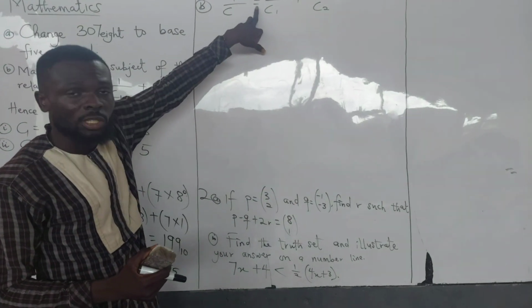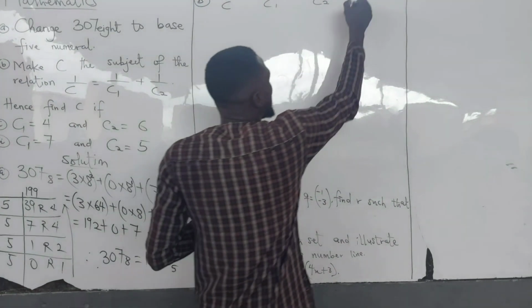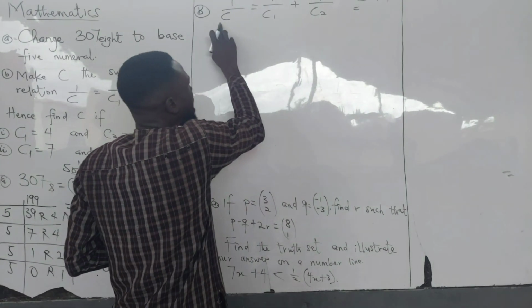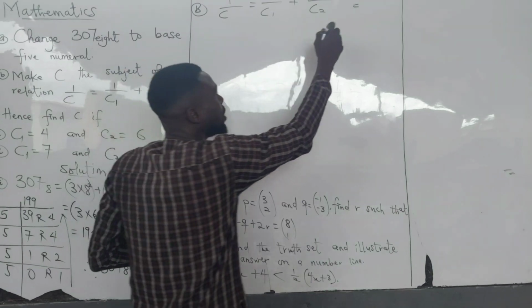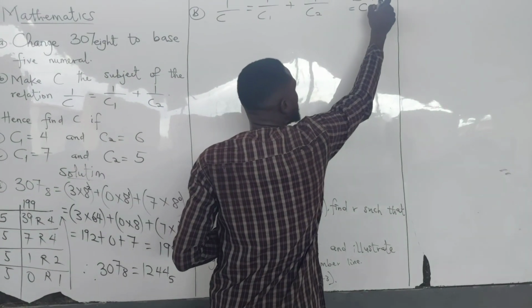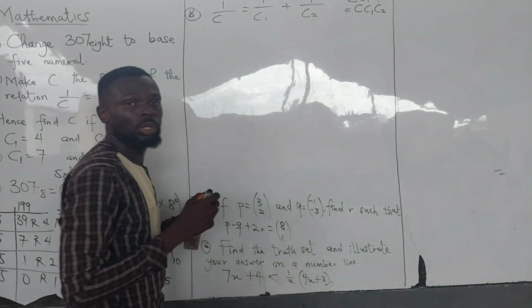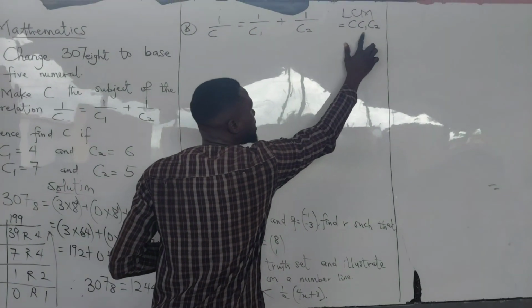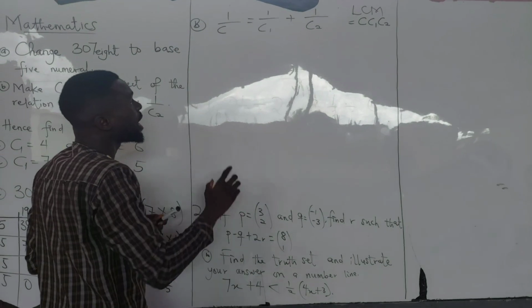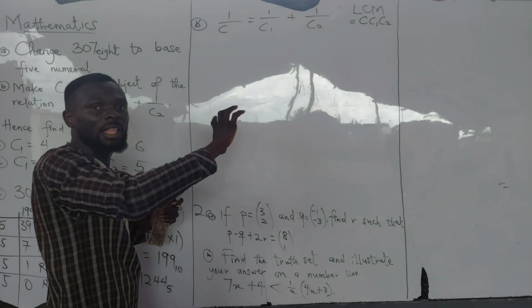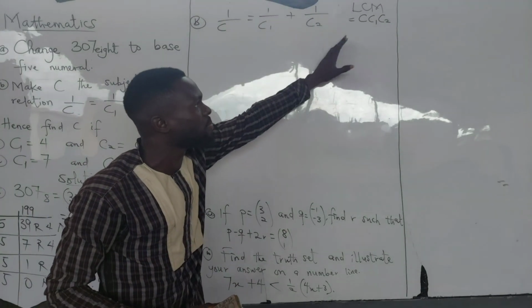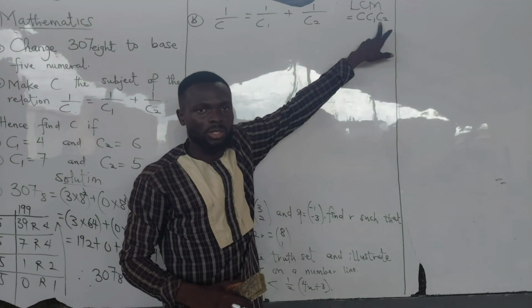Because there is an equal to sign, we have to know our LCM. And our LCM is by multiplying the denominators, which is C, C1, C2. So the LCM for this expression is C, C1, C2. So now we are coming to clear the fraction by multiplying each of the terms by the LCM.